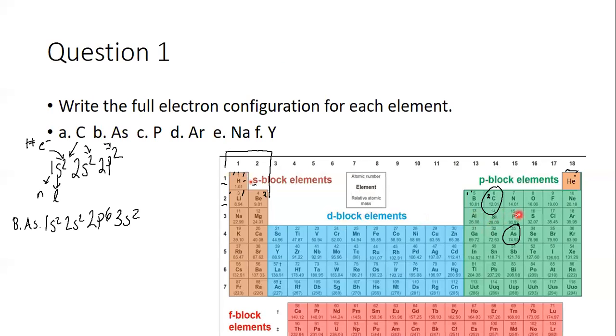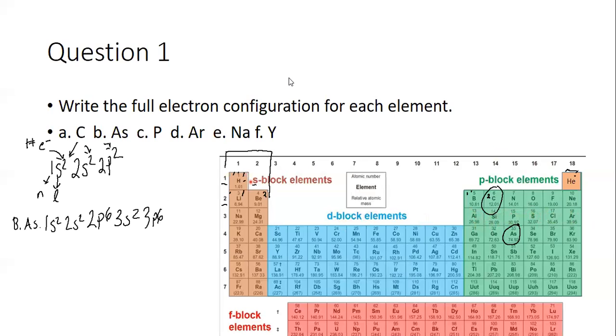Aluminum, silicon, phosphorus, sulfur, chlorine, argon. I haven't hit the As yet. So argon is 3p6. So 3p1, 3p2, 3p3, 3p4, 3p5, 3p6. Not there yet. So I'm going to write down 3p6.